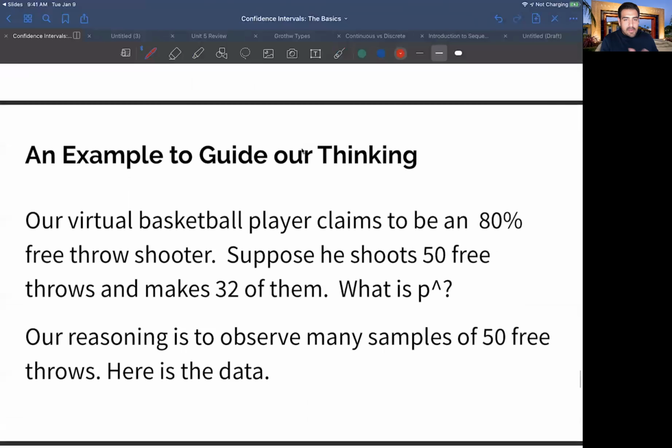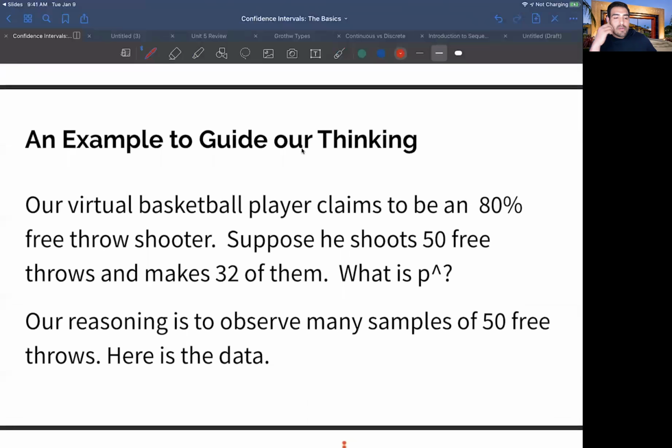So just to help guide our thinking, here's an example. A virtual basketball player claims to be an 80% free throw shooter, right? Here's his claim. He's claiming to be 80% free throw accurate. Let's suppose we watch him shoot 50 free throw shots and he makes 32 of them. Based off of this one sample of 50 free throws, what is his proportion of making free throws?